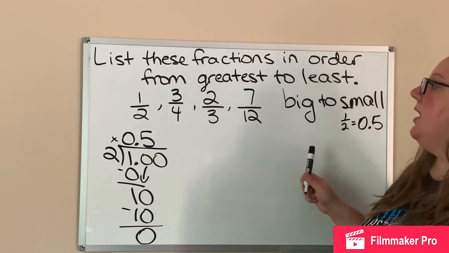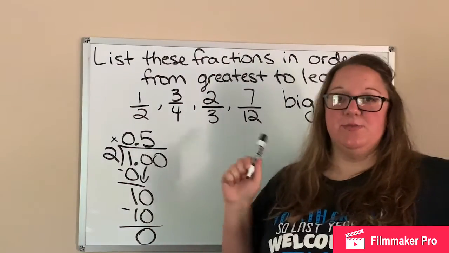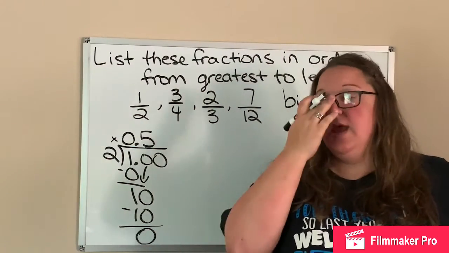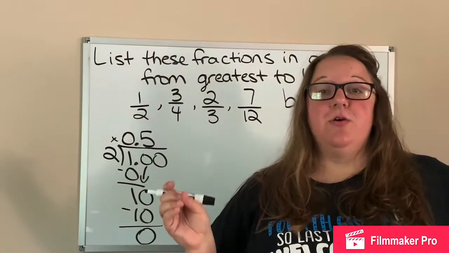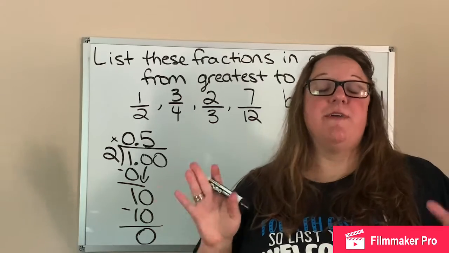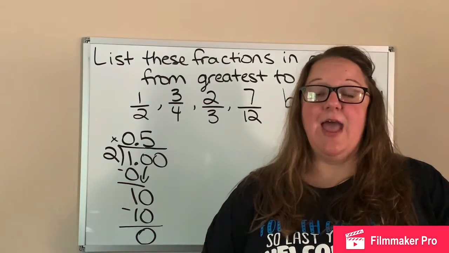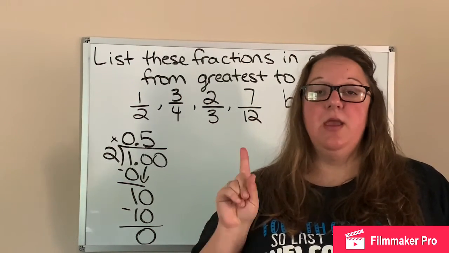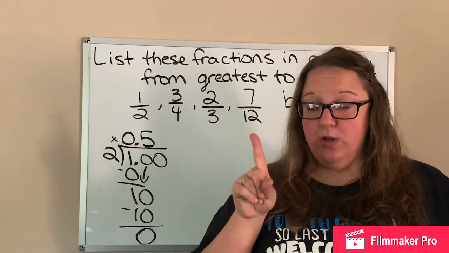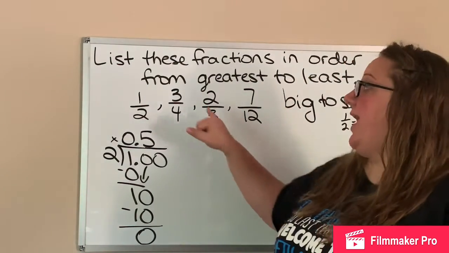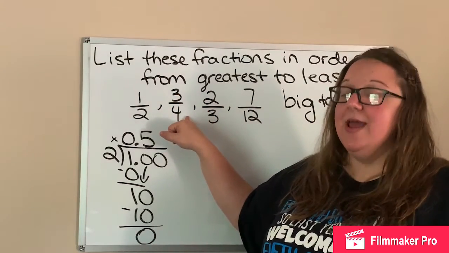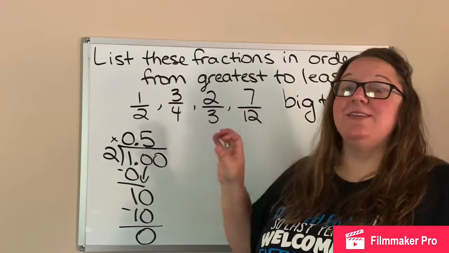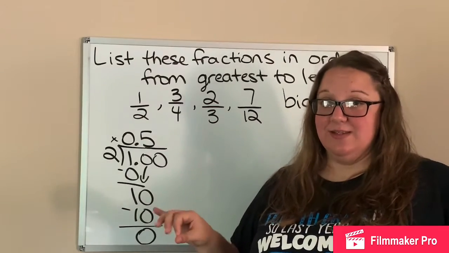Okay, now 3/4. We have a trick for this one, and that is to think about $1. If I have 4 quarters, that equals $1. But if I only have 3 out of my 4 quarters, then that means that I have 75 cents.